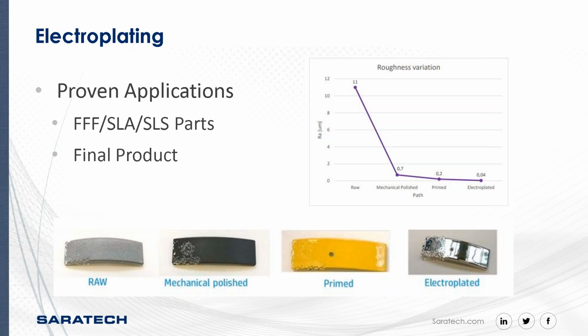And this process enhances the 3D printed parts. So again, we go back to surface finishes of different types of materials and different types of parts. You can achieve the surface finish that you need in the process that you want.